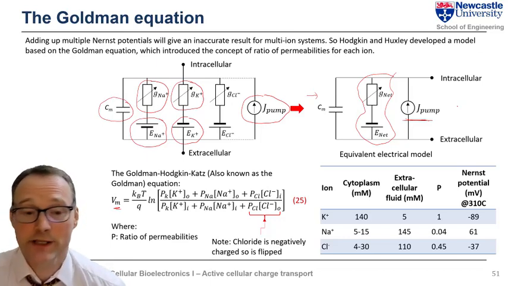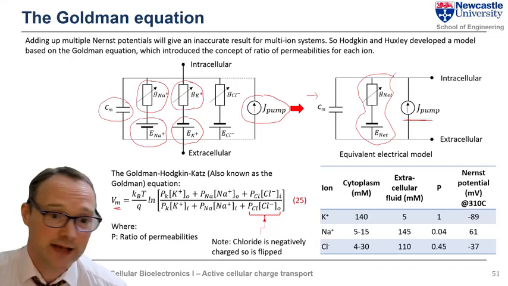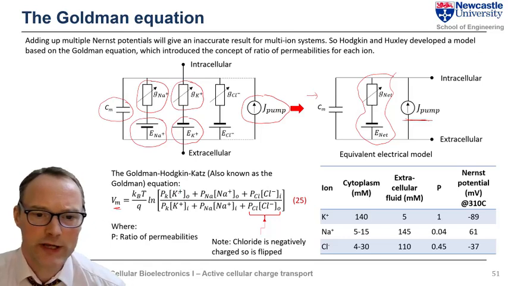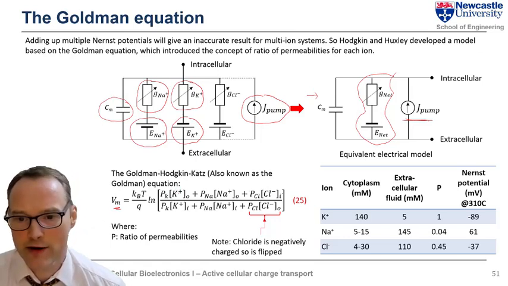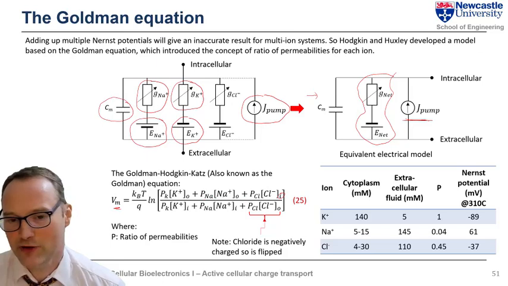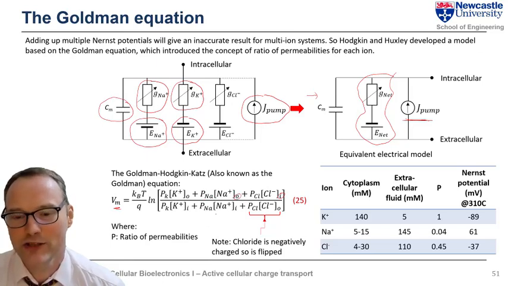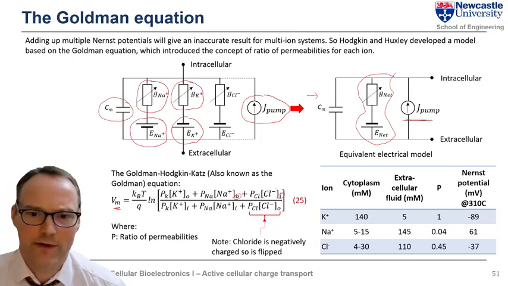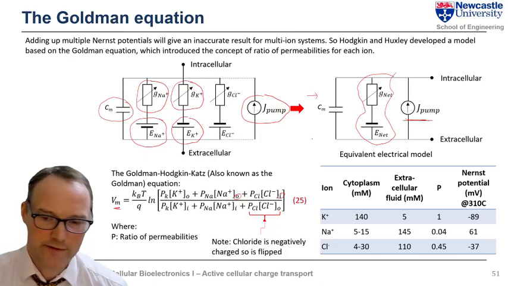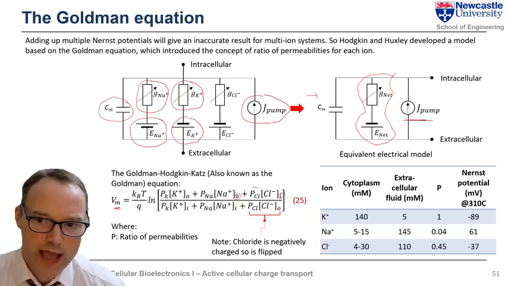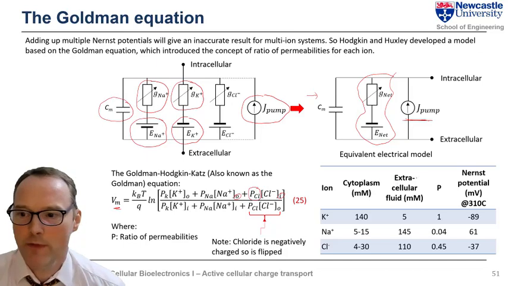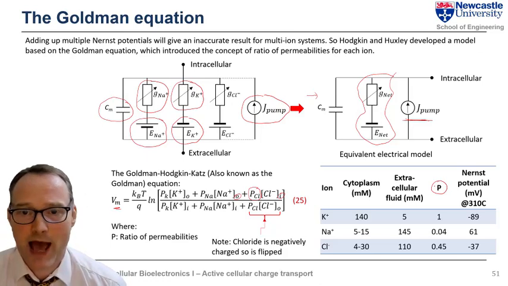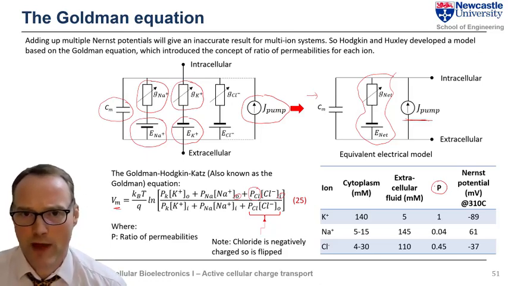The key difference is that it looks very much like the Nernst potential, KT over Q with a logarithm, but here you're adding up intracellular and extracellular concentrations. Note that chlorine is flipped because of its negative charge. We also have this P factor, which is a permeability factor, which basically allows these things to be added up and give a relative contribution.